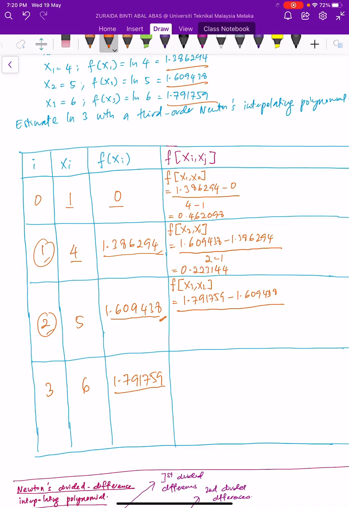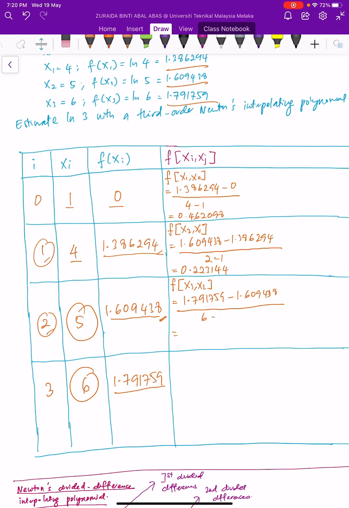So x3 minus x2 is 6 minus 5, not 6 minus 2, sorry.